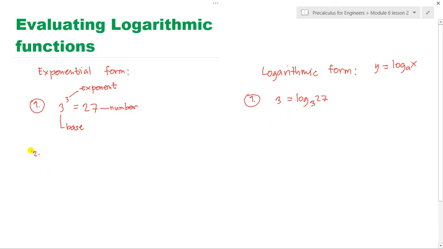Let's try another one. We have here 100 raised to 1/2 is equal to 10. So for number 2, our exponent here is 1/2. So that serves as the logarithmic value. So 1/2 is equal to the logarithm of the resulting answer 10 to the base of 100.